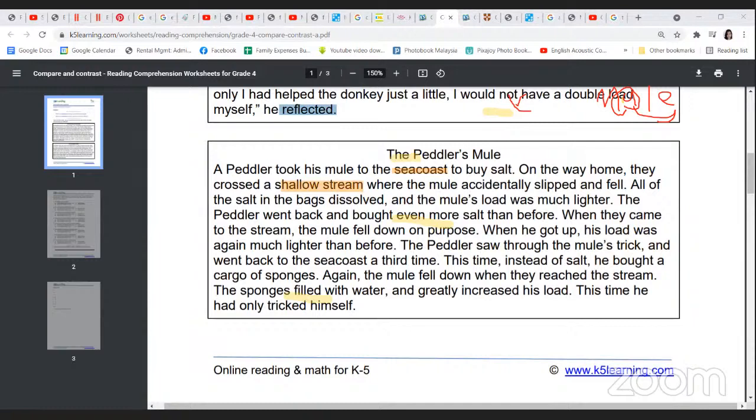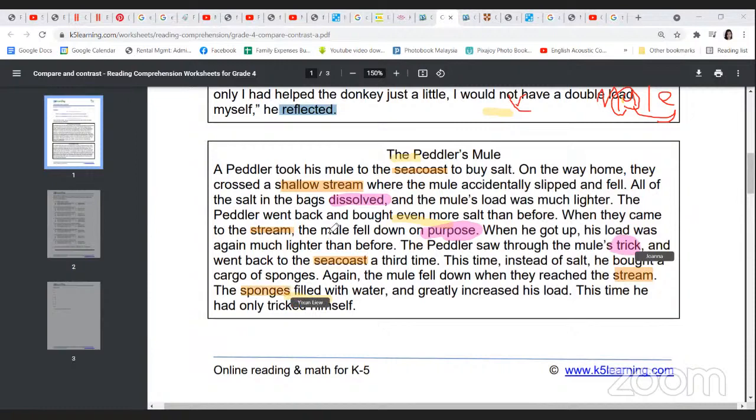All of the salt in the bag dissolved, and the mule's load was much lighter. The peddler went back and bought even more salt than before. When they came to the stream, the mule fell down on purpose. When he got up, his load was again much lighter than before.